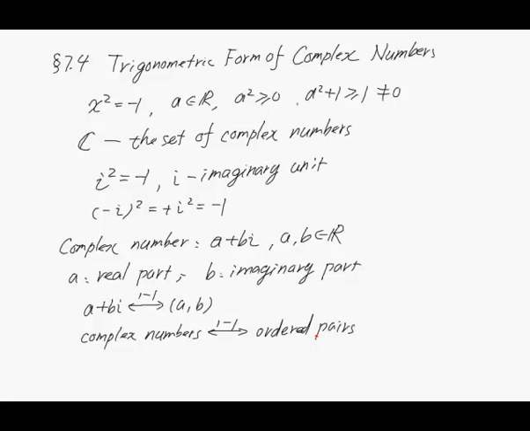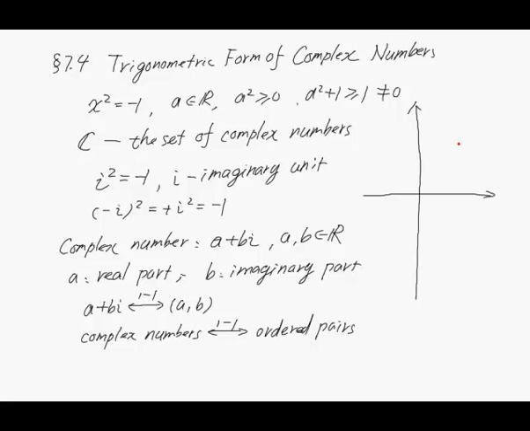We know an ordered pair is just a point in the rectangular plane, right? So right now we can draw such a rectangular plane. And then we can locate one complex number by using its corresponding ordered pair.